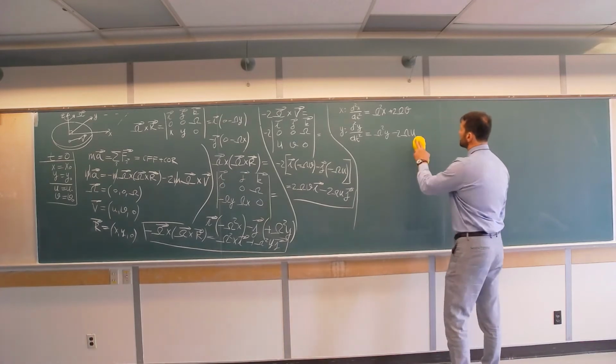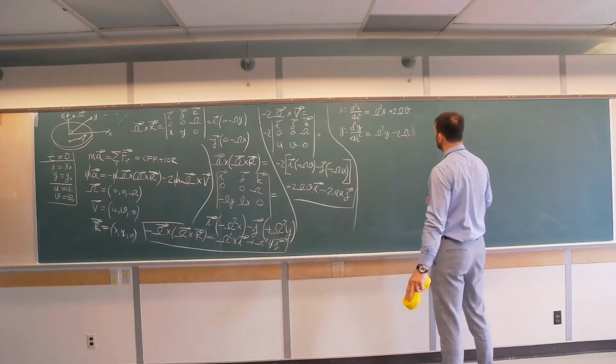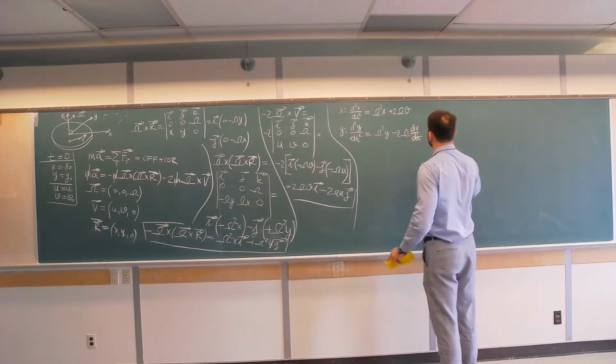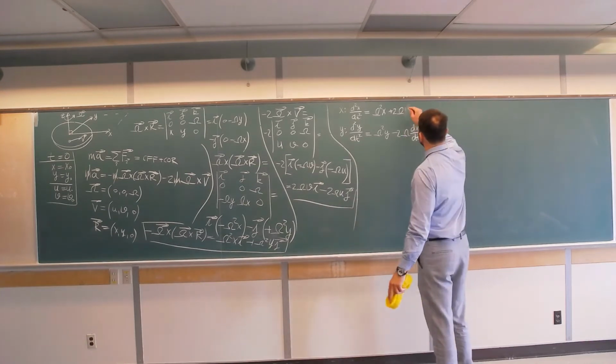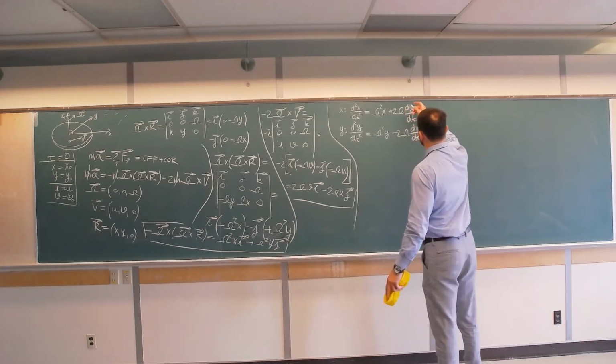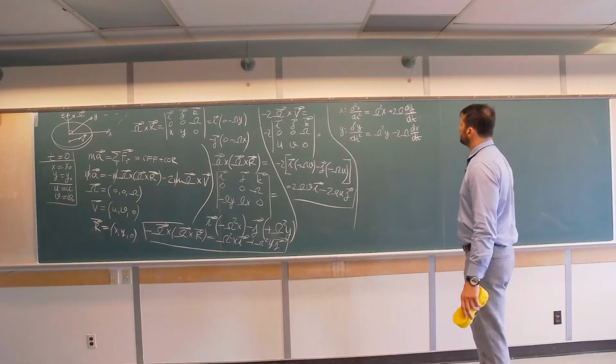But of course I will here write u as dx dt, and here I will write v as dy dt. Change of position with time.